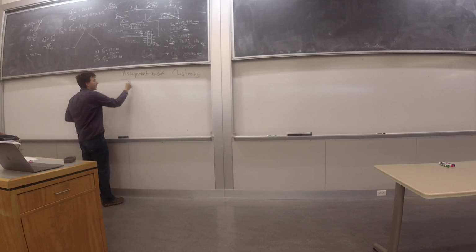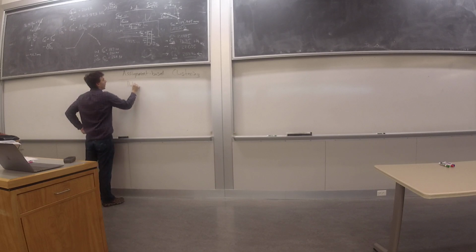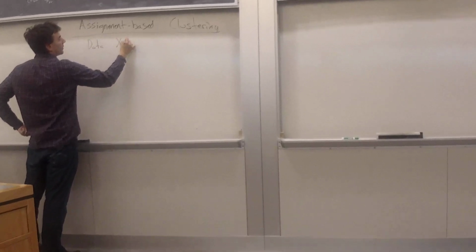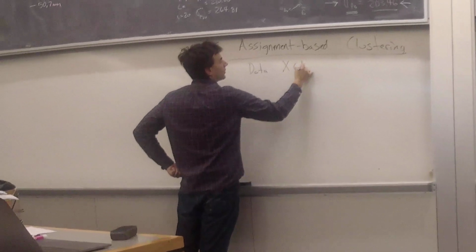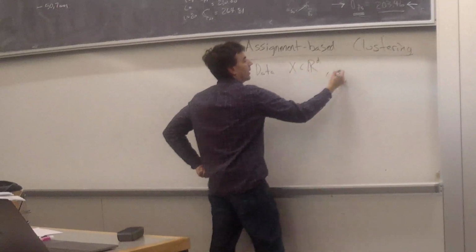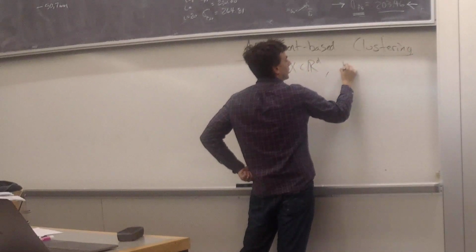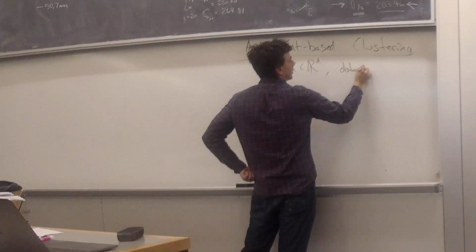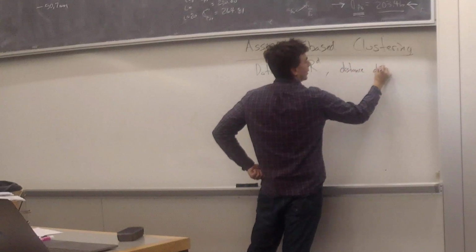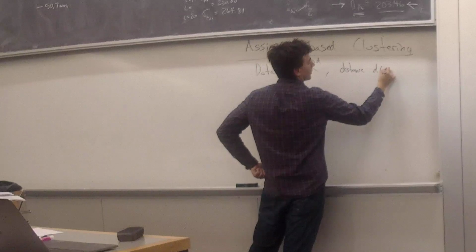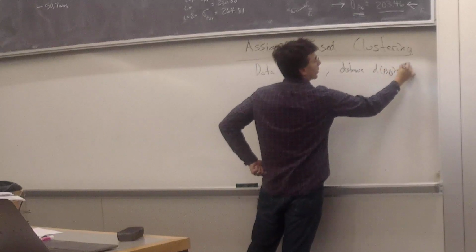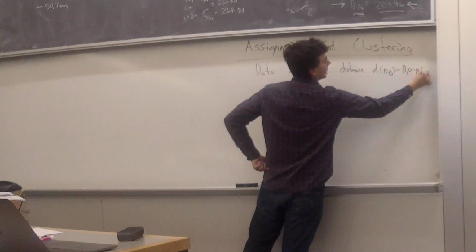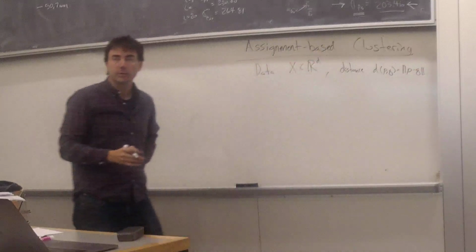If you remember, we have some data, and for now X is going to be a subset of R^d, and I'm going to have some distance d(p, q), and we're going to use the Euclidean distance between p and q.